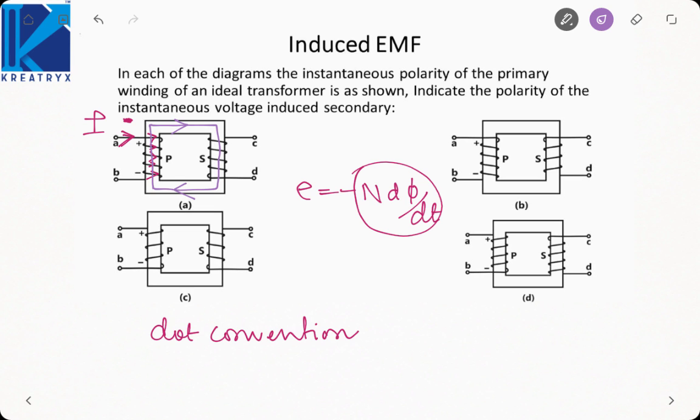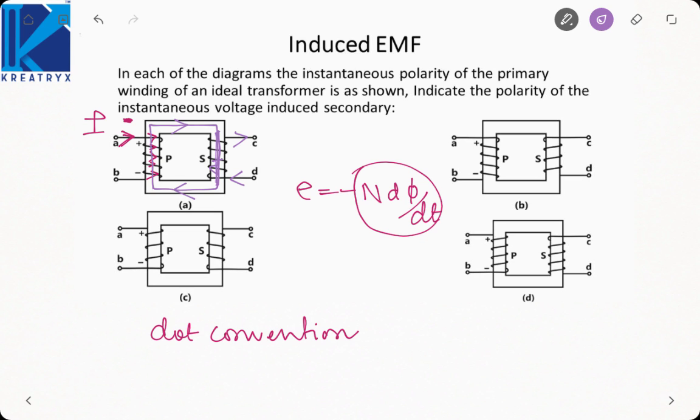It has nothing to do with transformer, it is just a concept of magnetically coupled circuits. Now where should the current enter? For the flux to be downwards in this branch, why? Because primary flux is downwards. So secondary should also be downwards in order to get added. What should be the direction of current? The current should be such that it leaves from here and enters from here.